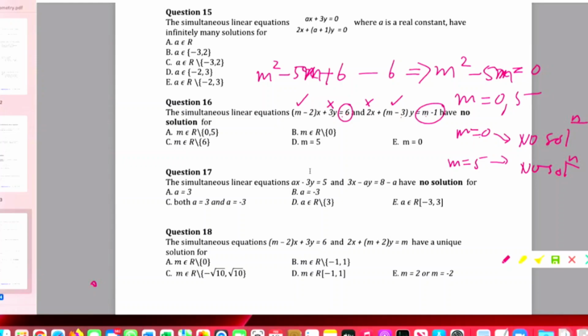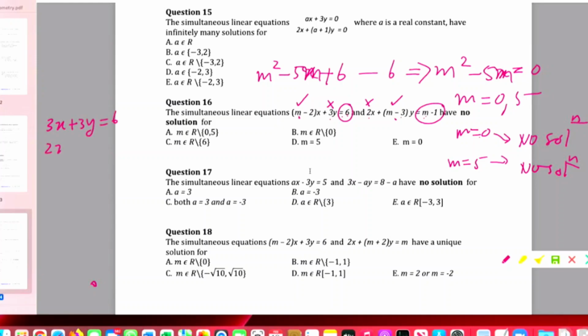Okay, let's see how come. m is equal to 5. 5 minus 2 is 3. Here 2, here 3, here 2, here 2, here 4. So you have to match the coefficients then. Okay, let's do it. 3x plus 3y is equal to 6.